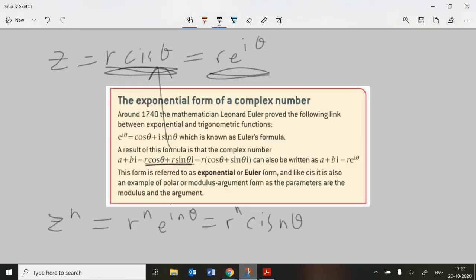That's pretty powerful stuff, because that's saying that this is the same as r cis theta to the power of n, or in other words, r to the n, n theta, which is the same thing.